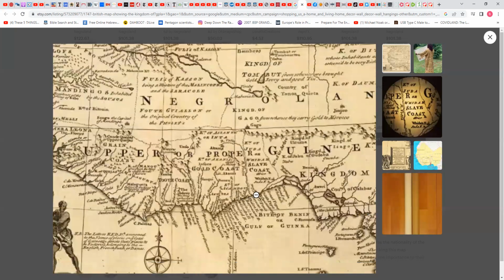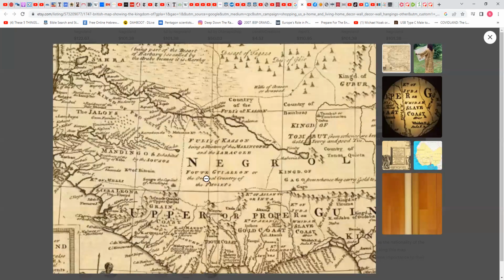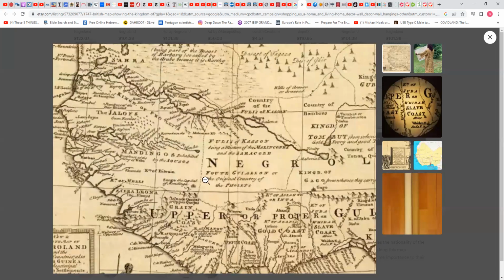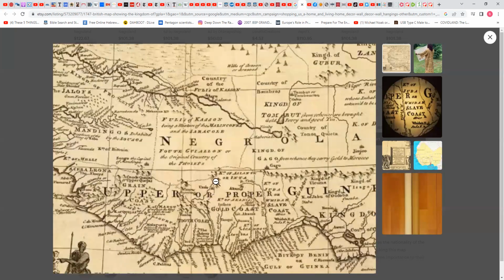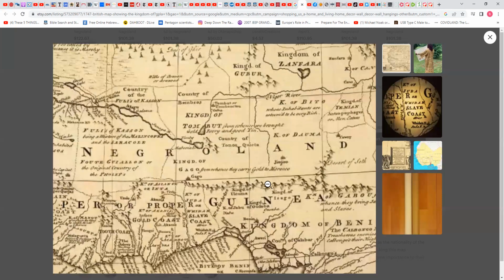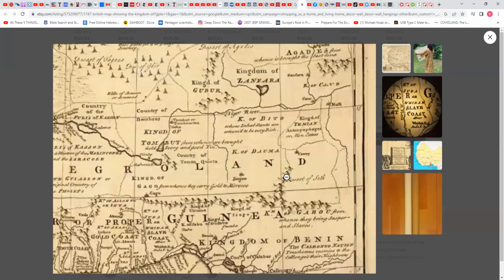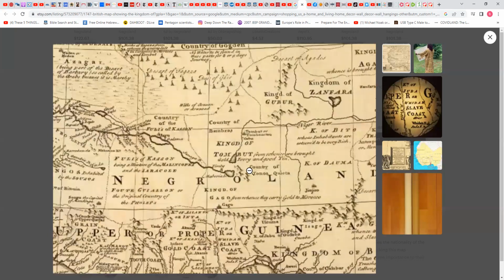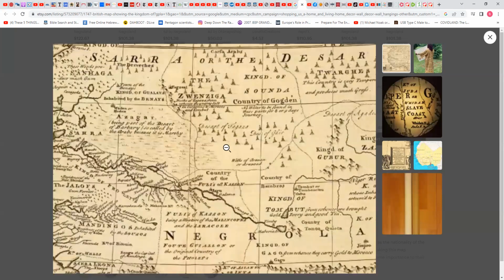Where's Wida? Wida's right here, right? The Wida kingdom or the Judah kingdom was taken over by the Dahomey, which were Israelites that took over other Israelites. And Israelites sold other Israelites. There was this one particular king that was selling his wives to the so-called white man. And we didn't put these maps together.